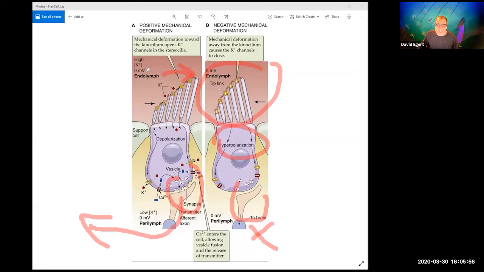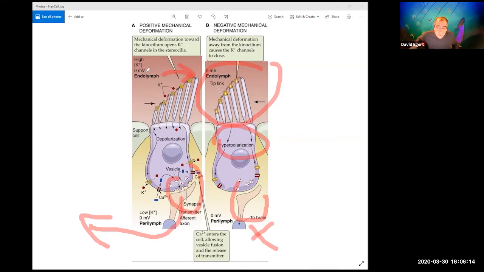So if you start reading more detail, you'll realize it's kind of weird. Normally, if sodium rushes in, that's going to make something more negative. But in this case, it's actually doing the opposite because the ion concentrations are really different in the fluids inside the inner ear.